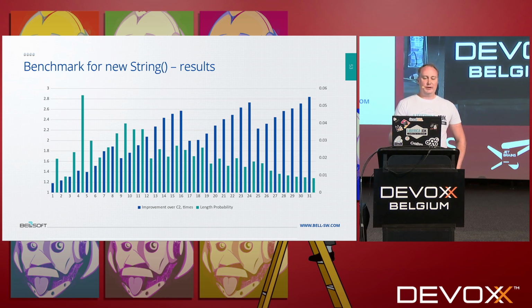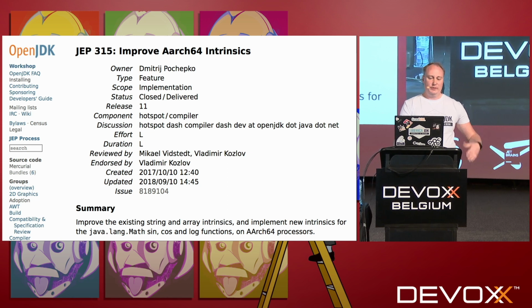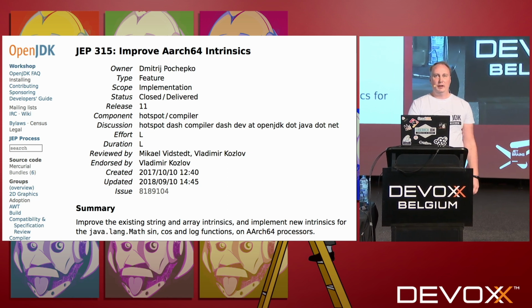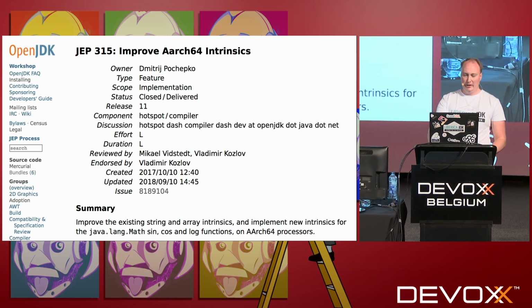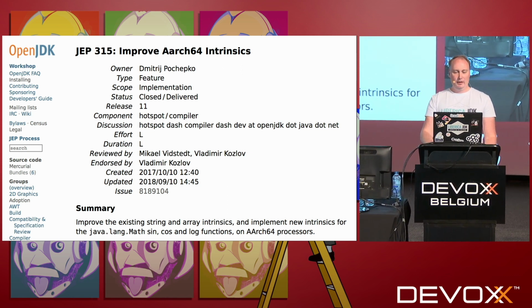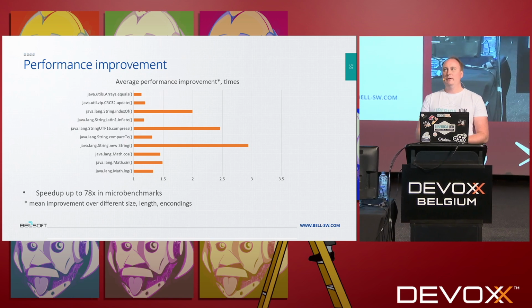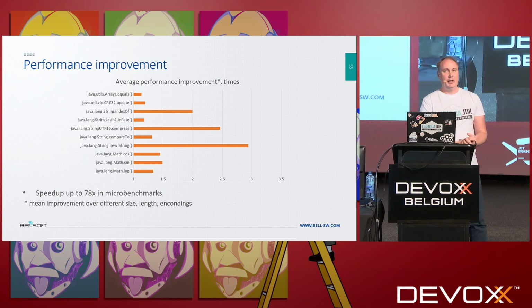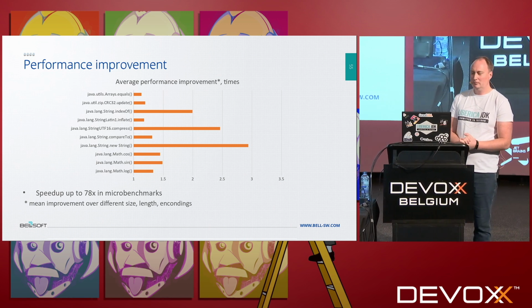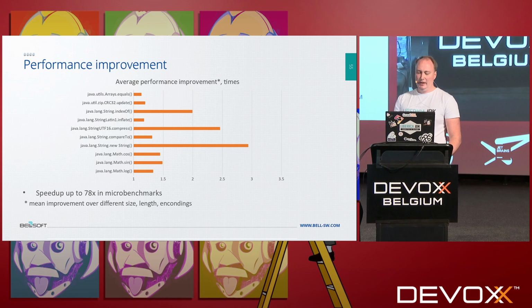Those were just two examples of optimizations we can make. Those optimizations, and others, were delivered under the umbrella of JEP 315 by BellSoft and JVM. They also include things like different operations for strings and arrays, and math operations that are really important.